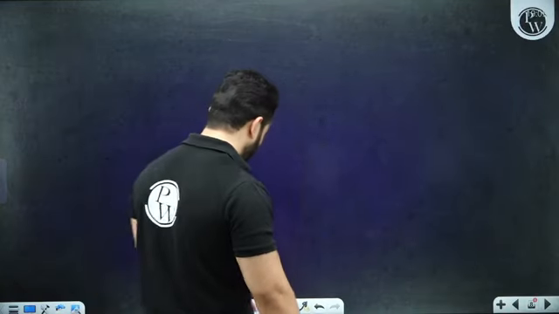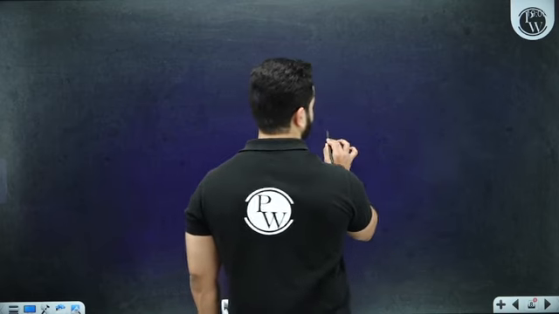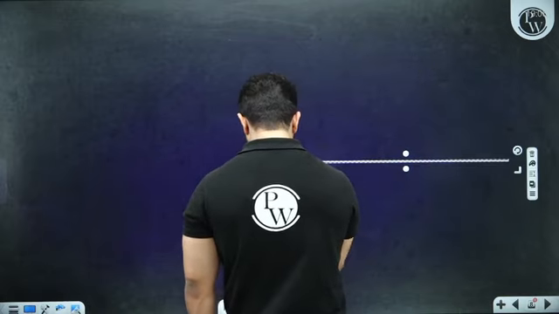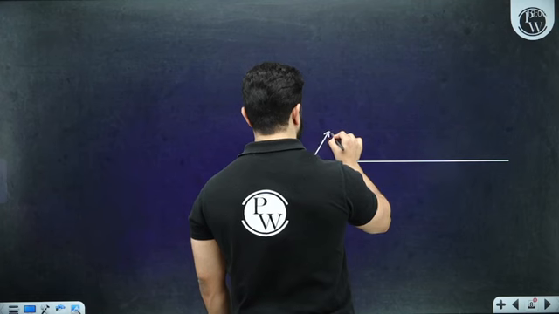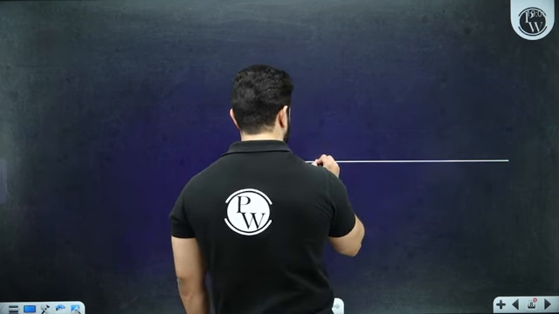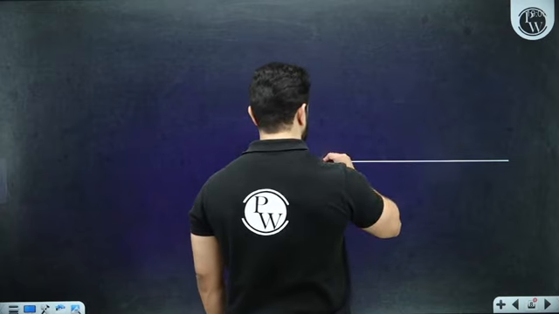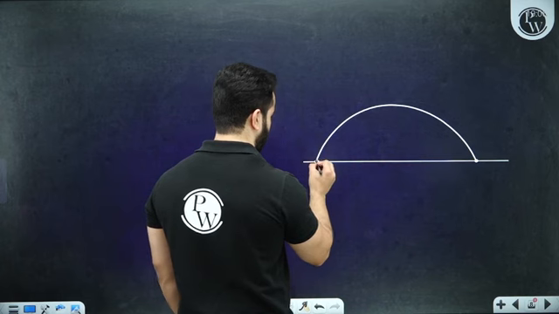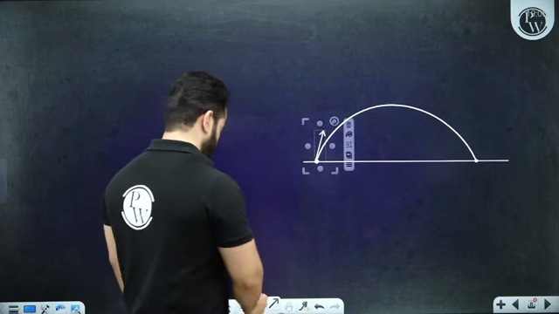Let's suppose, I'll again draw a diagram for all of you so that you can understand. Let's suppose this is ground. We have thrown our projectile from this point at a certain angle. So this was the initial velocity.